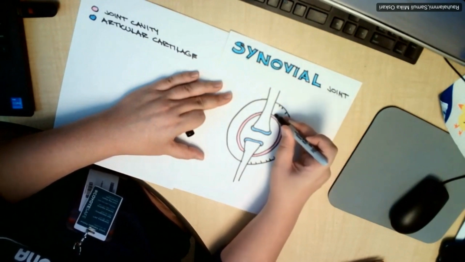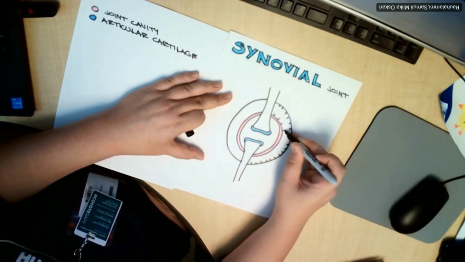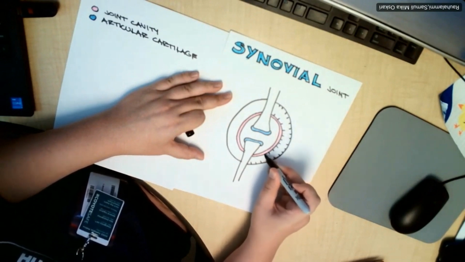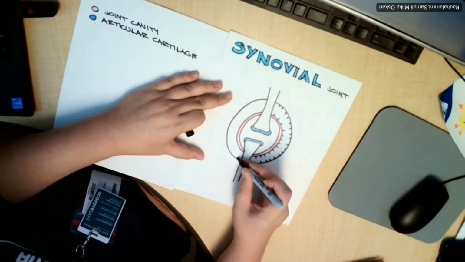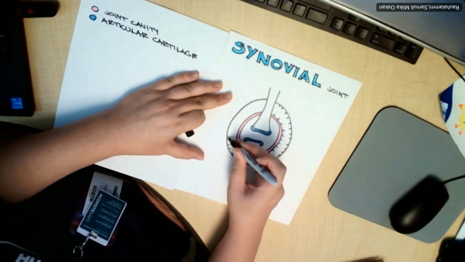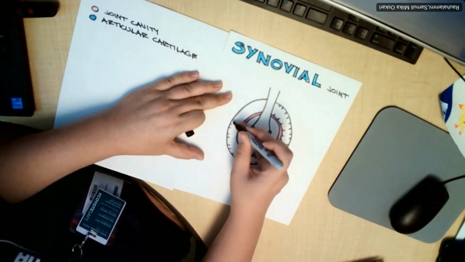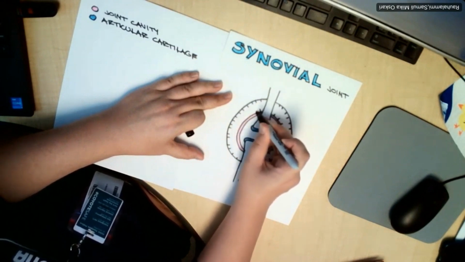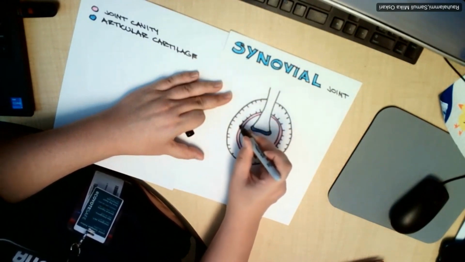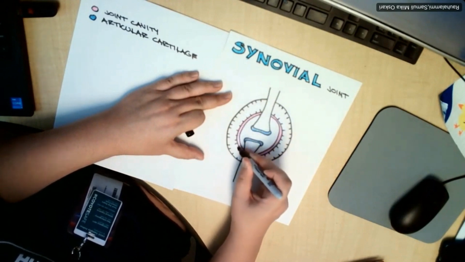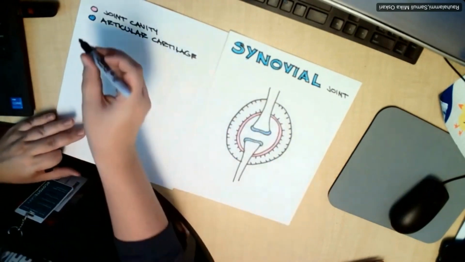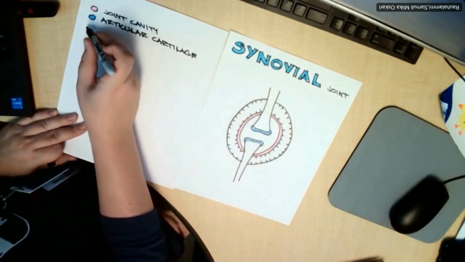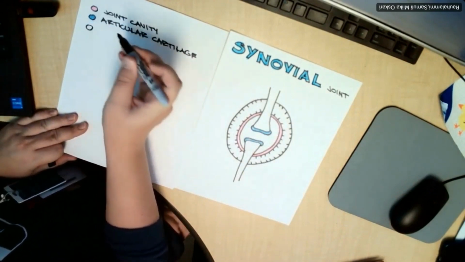So let's add that to our diagram as well. Again, I'm using a little bit of color coding just to make it easier to follow along what's happening here.